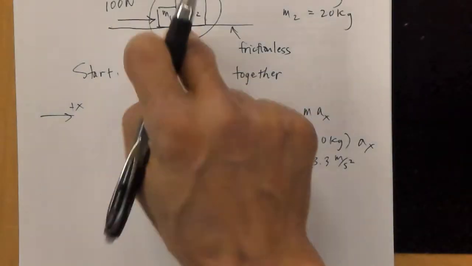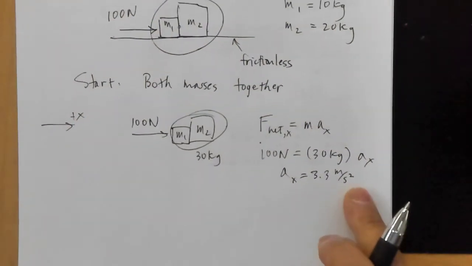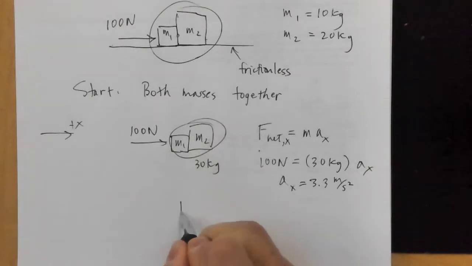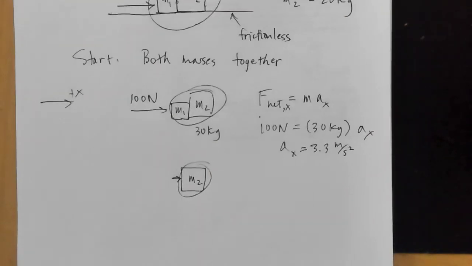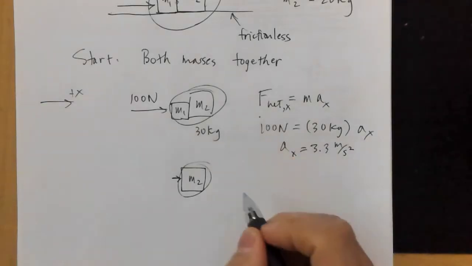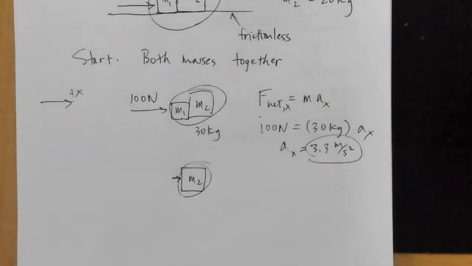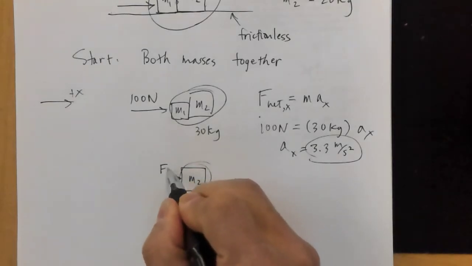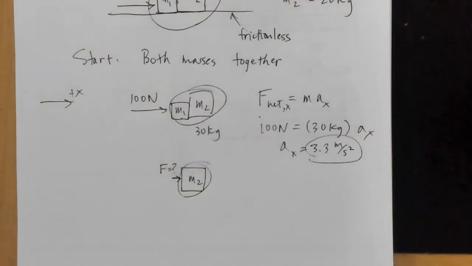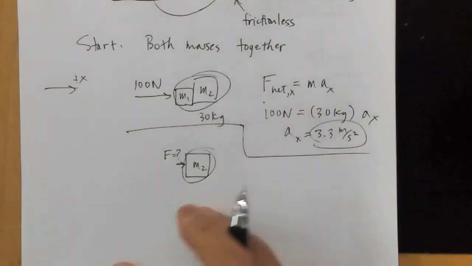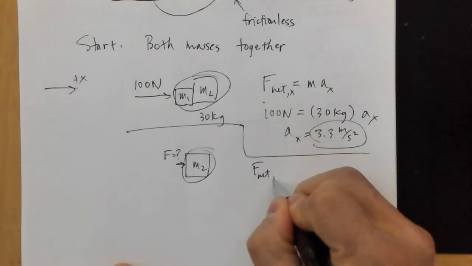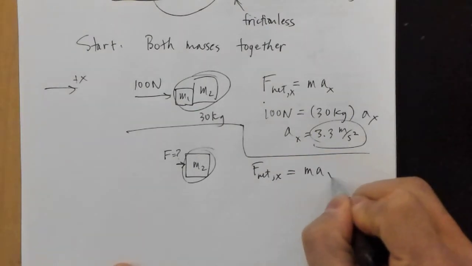Now, we know both blocks are accelerating at 3.3 meters per second squared. Now we can address the question, what is the force that M1 is pressing on M2? Because now we consider M2. We know the acceleration of M2 is 3.3 meters per second squared. So now we want to know what is this force that M1 is pressing against M2. So now we do F net in the x direction is equal to the mass times the acceleration.